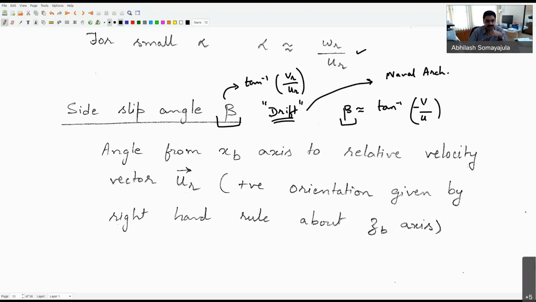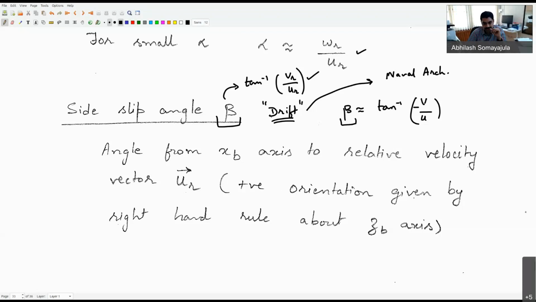For our case, we will assume that the side slip angle is denoted by beta, and that it is defined as tan inverse of VR by UR. That is how we will define it and take it forward in our study. So the positive orientation is given by the right hand rule about the ZB axis. Is everybody with me so far?